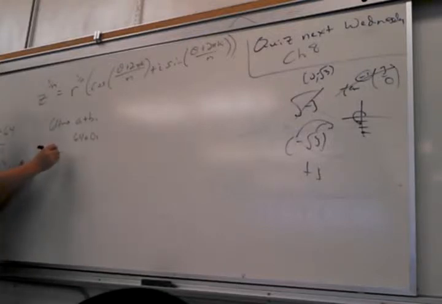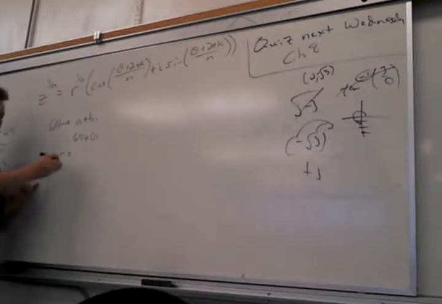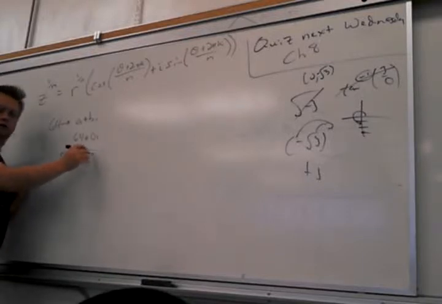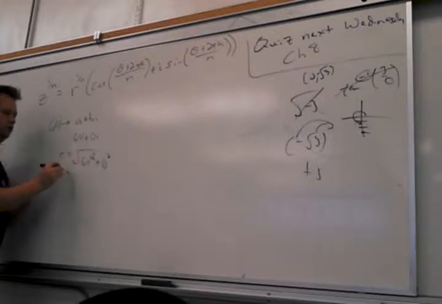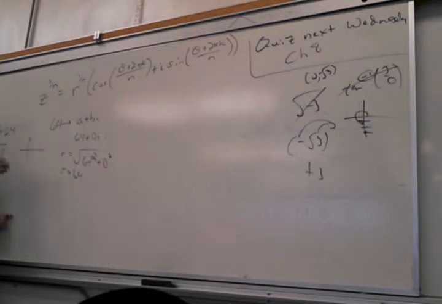So R, hopefully, does anybody realize what R would be? I like that, but it's wrong. What's x? 64. All right, so it's the square root of 64 squared plus 0 squared, so R is 64. If I plotted this point, let me make my scale that.